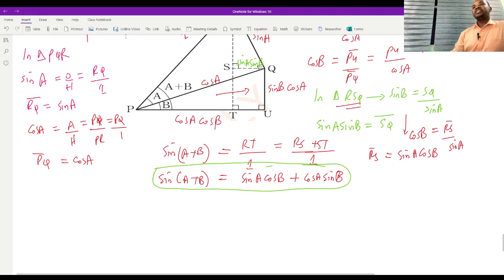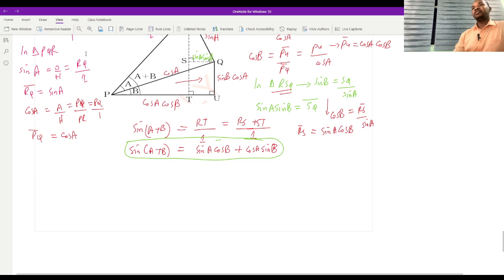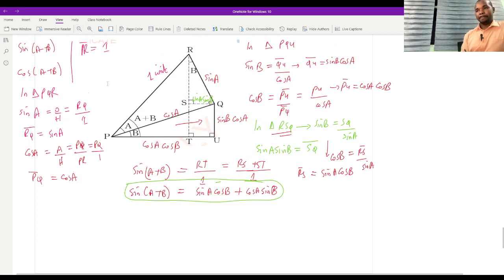So we're going to proceed. First of all, we will check actually cosine. What about cosine A plus B?